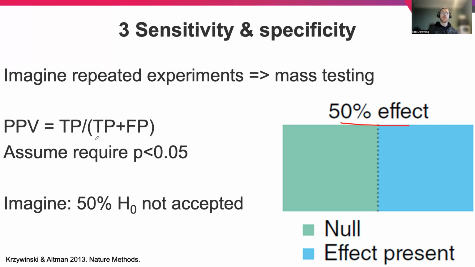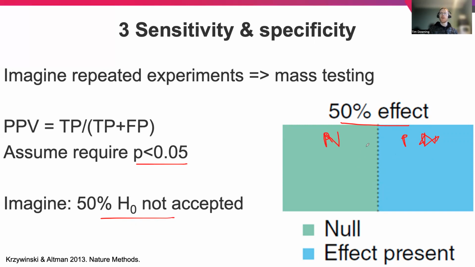So what we're saying here is that we're going to assume alpha is 0.05, just for example, and imagine this situation where actually 50% have a true effect. So these are actually positive, and these ones are, wrong way around. Positive in blue, and the negatives here on the left. That's an N for negative. And then if we have 100 tests in total, we might have 50 of each, for example.